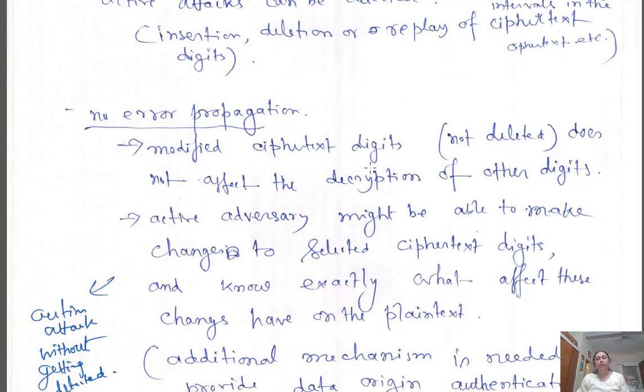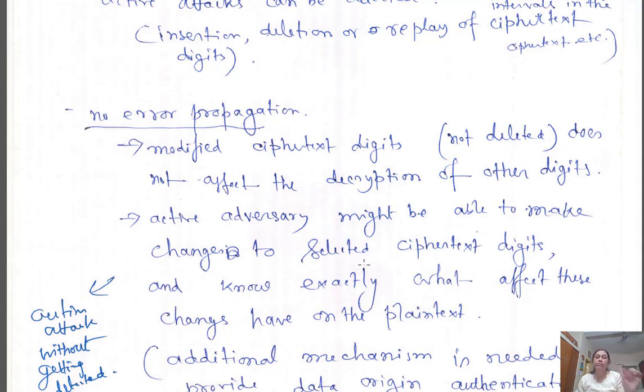This is a good thing, but the bad thing is that if an active attack is mounted, you cannot detect it, because an active adversary might be able to make changes to selected ciphertext. He can say, these ciphertext positions I will change, and check what effect I get on the corresponding plaintext digit. This way he can mount an active attack.